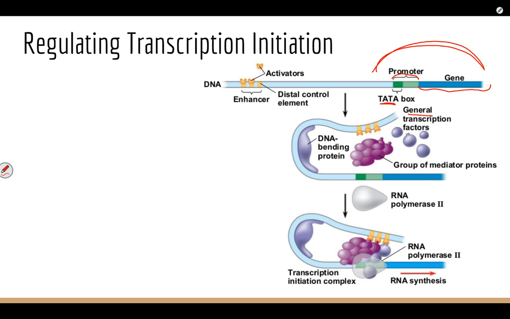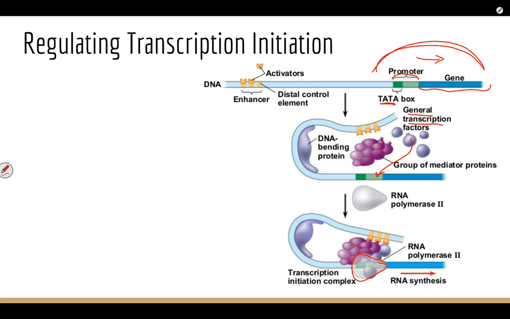So we talked about these general transcription factors. They bind to the promoter here, and they help RNA polymerase down here to find its spot and get started. But in these diagrams, you'll notice there are some other pieces of the DNA that help with this as well. Upstream, which means kind of backwards before the promoter, because remember, transcription happens this way, so upstream means go in the other direction.